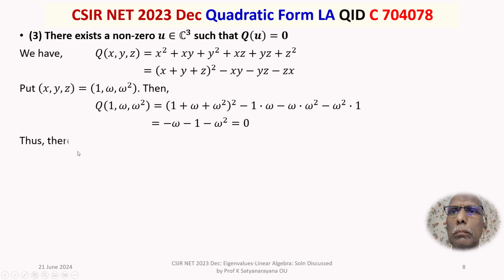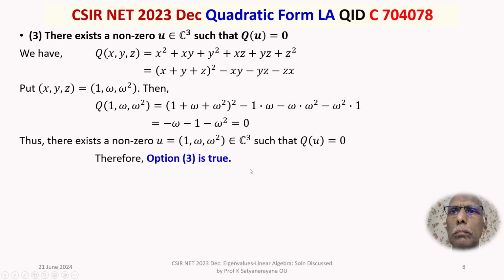So there exists a non-zero U equal to 1, omega, omega square belongs to C cube such that Q of U is equal to 0. Yes, option 3 is true. So therefore option 3 is true, and we have already seen that option 4 is true. So in all, the answer to this question is option 3 and option 4.